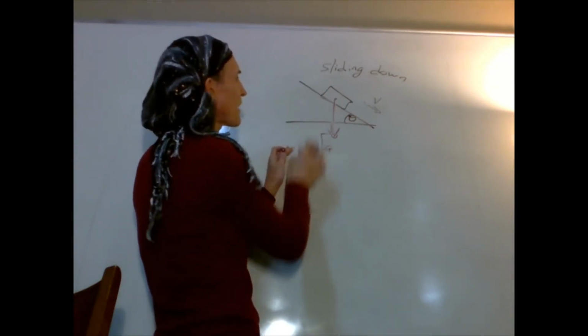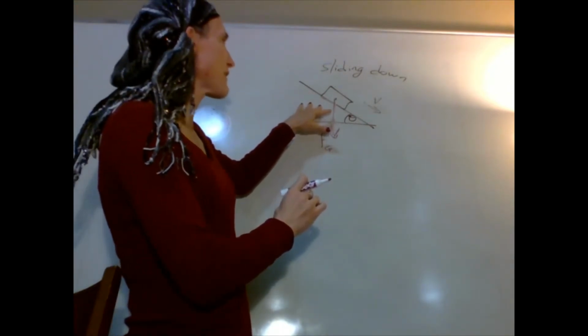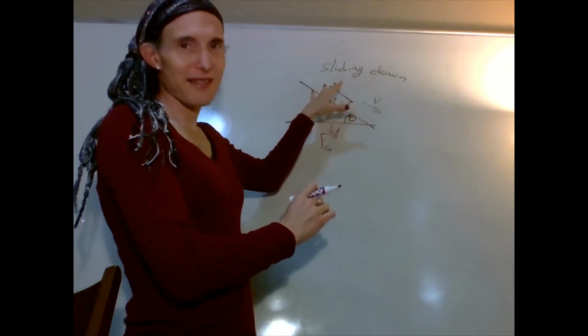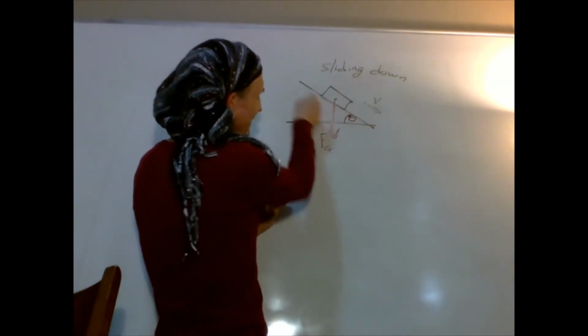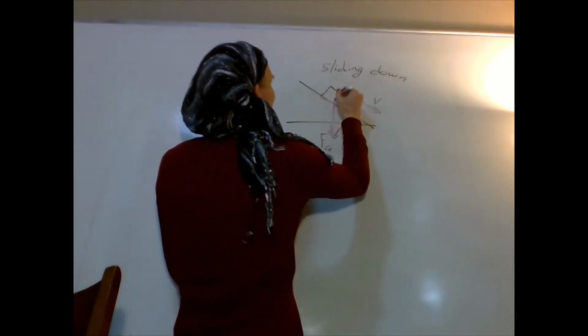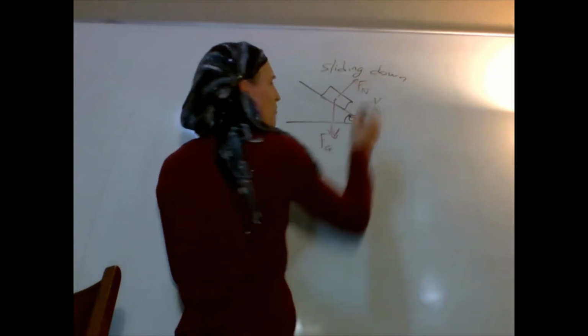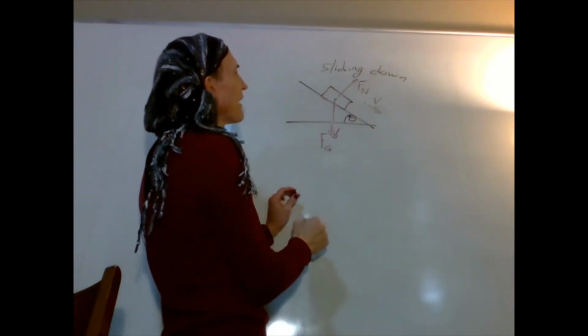Force of gravity acting downwards. Then you have a force of support from the surface that points perpendicular or normal to the surface, right? So that's your normal force pointing perpendicular to the incline. So that's going to be this way. So a force that is normal to the surface. So there's my F sub n, my F sub g.